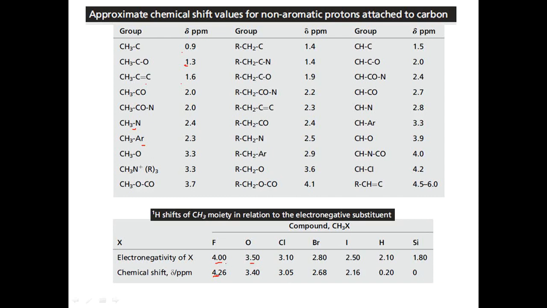Electronegativity is 4, so the chemical shift value is coming near 4.26. Hydrogen's electronegativity is 2.1, so the chemical shift is only 0.2, and for silicon it's almost 0. So this is how electronegativity influences the chemical shift values for a particular proton.